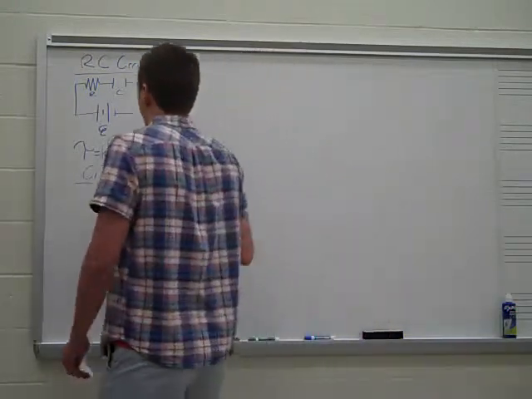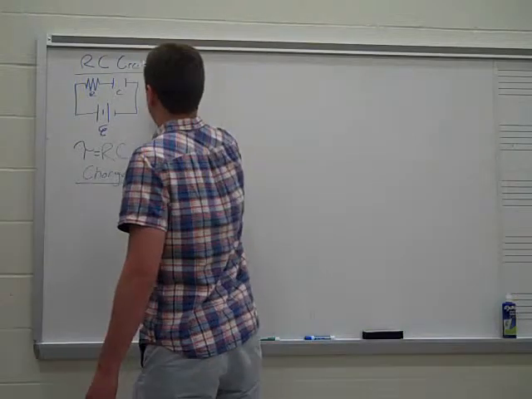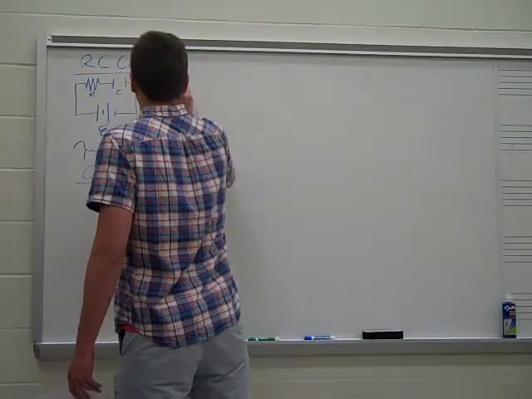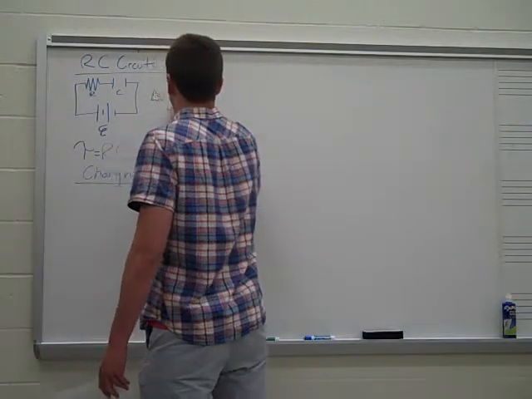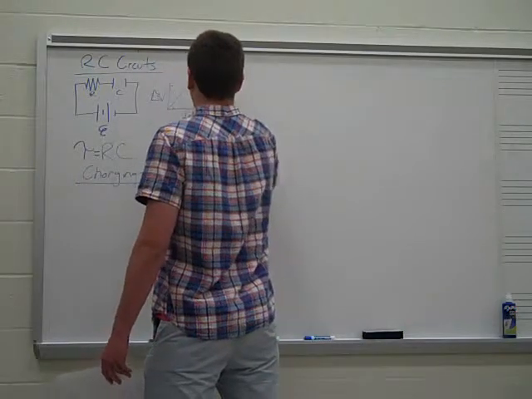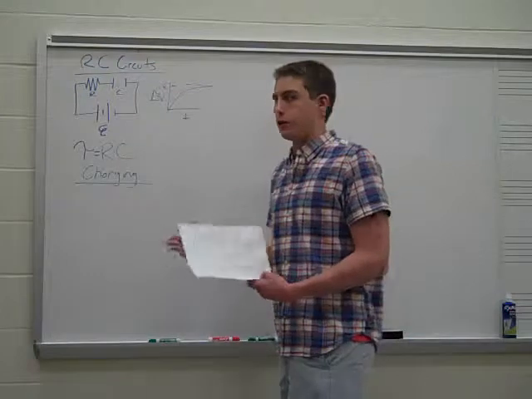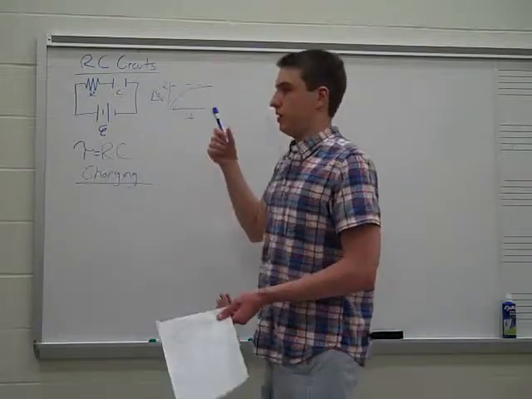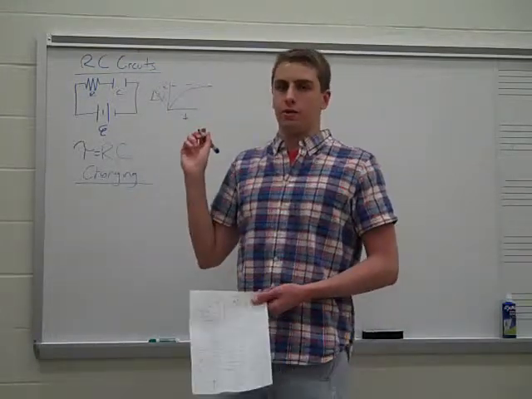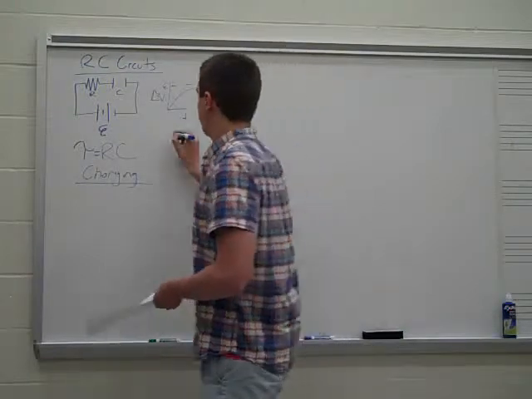So essentially, you're going to have a graph for delta V over time. It's going to go to a limit like this, where this is your EMF. And similarly, for charge, it's going to have that sort of thing, except it's going to be capacitance times your EMF. Right? So I'll just write that out.